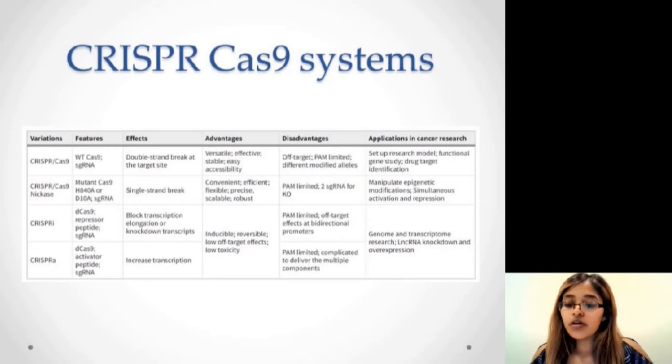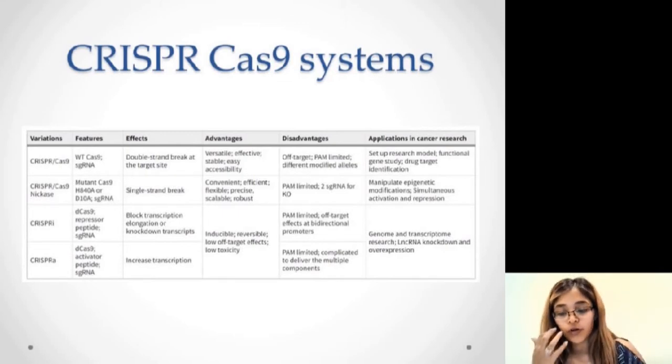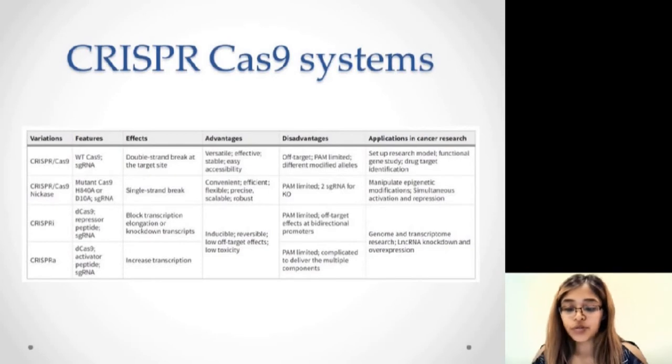So there are also different Cas9 systems. For example, we have CRISPRi, which is a form of the CRISPR system in which the Cas9 enzyme is inactivated, and this inactivation blocks transcription elongation or knocks down transcripts.